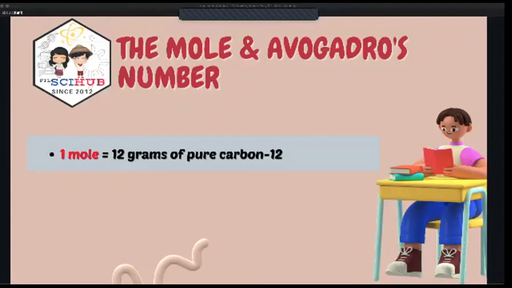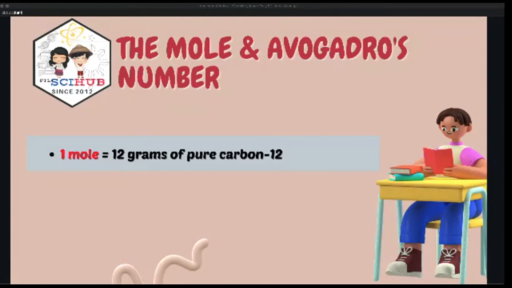And that 12 grams of carbon-12 should correspond to a constant or a specific number of particles. So they set carbon-12 at exactly 12. So that we don't get confused, they actually have to set a specific conventional definition of this. Again, 1 mole of carbon-12 should be equal to 12 grams.